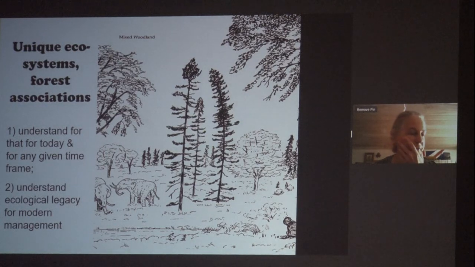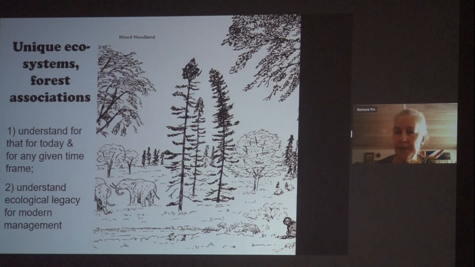So what I've been describing in large part running through time here is the situation of no-analog systems, unique forest associations, including the animals that were associated. That's important to understand for each window in time, but also for today, for modern circumstances.